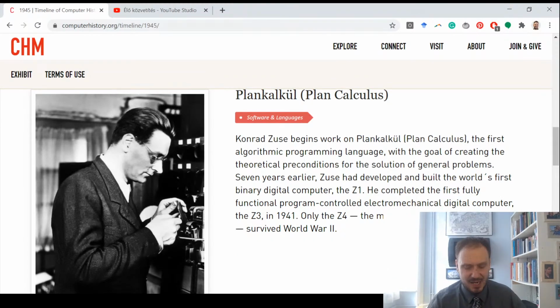Speaking about programming languages, Konrad Zuse, the one who developed several computers, started working on Plankalkül, the first algorithmic programming language, whose goal was creating the theoretical preconditions for the solution of general problems.